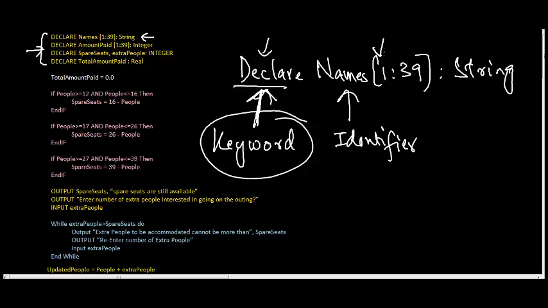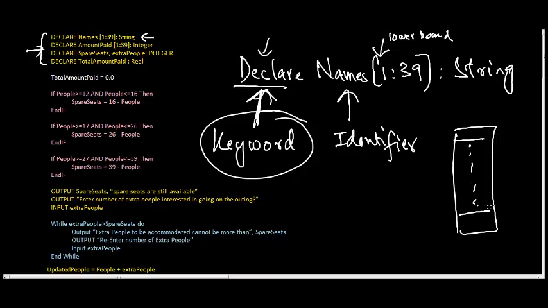This array has the lower bound of 1. Meaning if this is our array, then this starting element is element number 1. This is the lower bound, and the final element, the upper bound, the final element in the array is going to be element number 39.